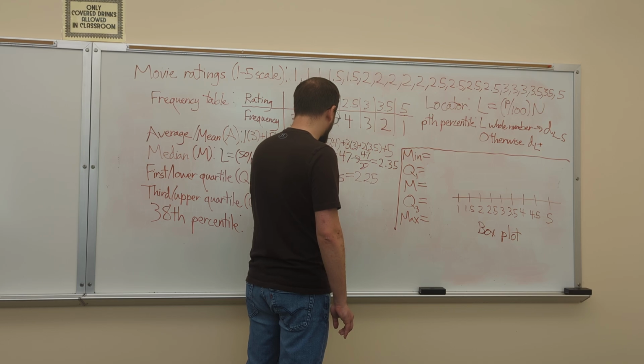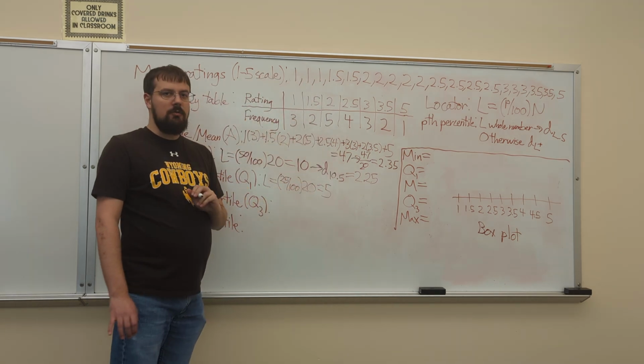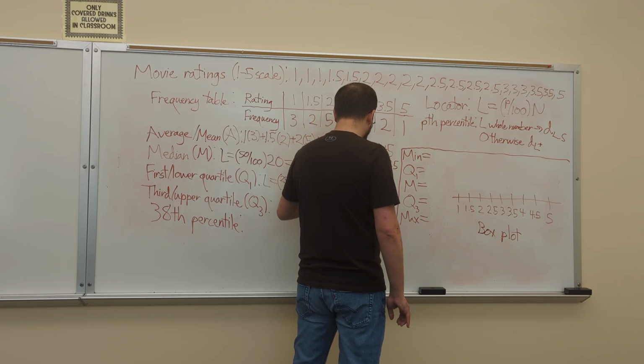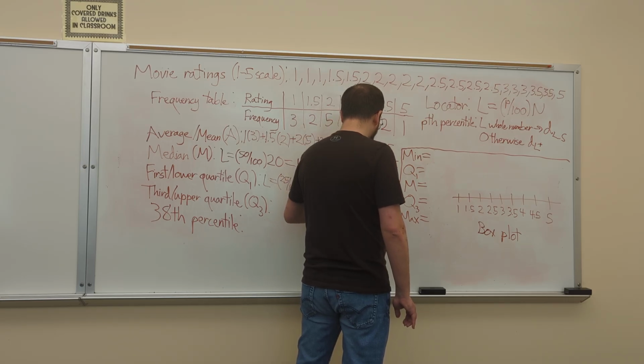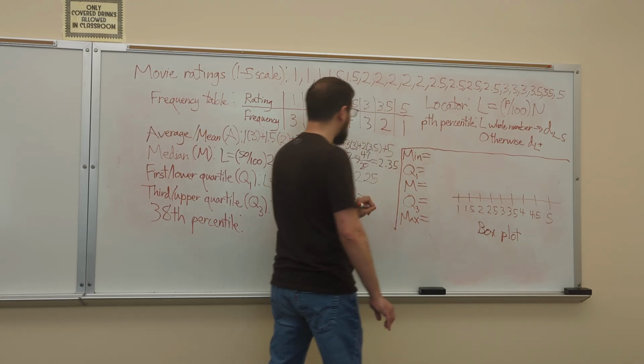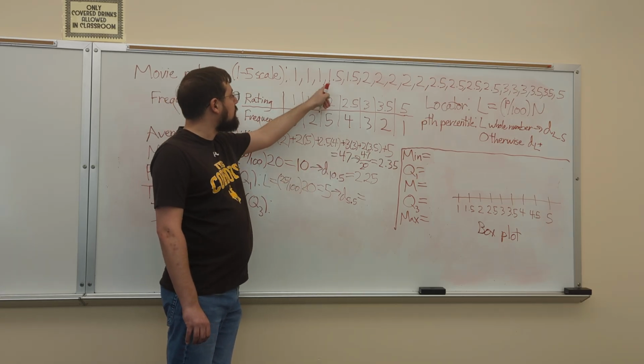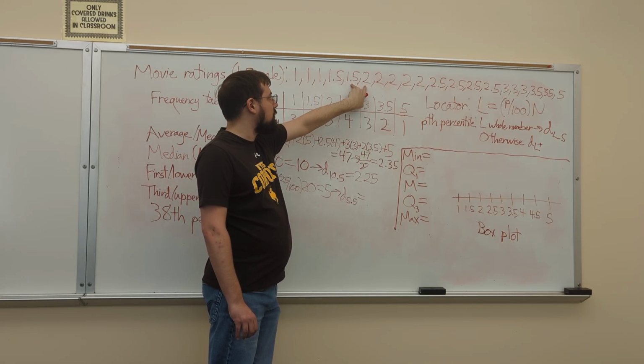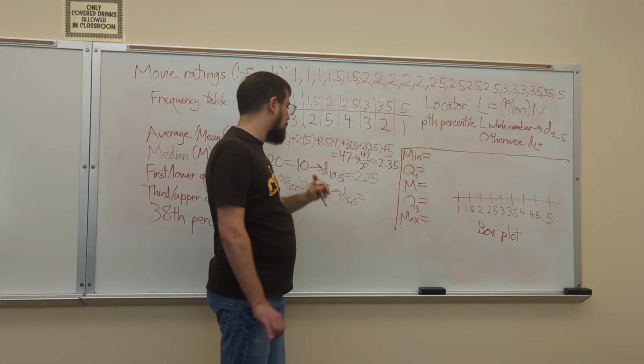This gives us a locator of 5. So we're going to want data point number 5.5 in this case. So that would be the average of the 5th and 6th data points. So 1, 2, 3, 4, 5. That's 1.5, and then our 6th data point is a 2. If we average those together, we get 1.75.